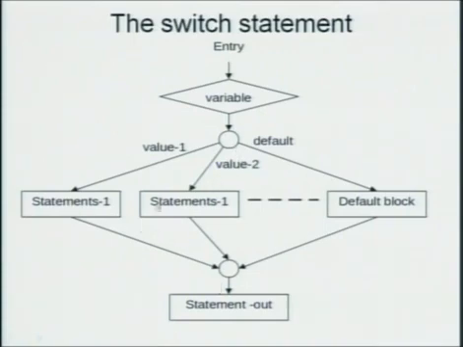If value 2 is there, the statement given after value 2 will be executed, and then it will go out. Likewise, multiple cases are there. There is no limit given to the case statements, so any number of case statements can be written. If your variable does not match the value of any case, then the default block will be executed at the end.